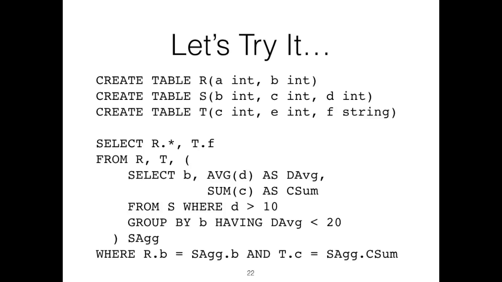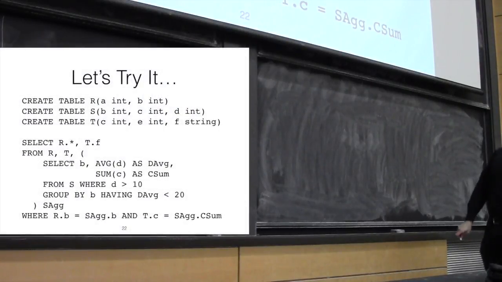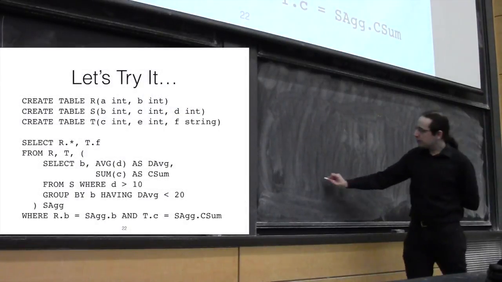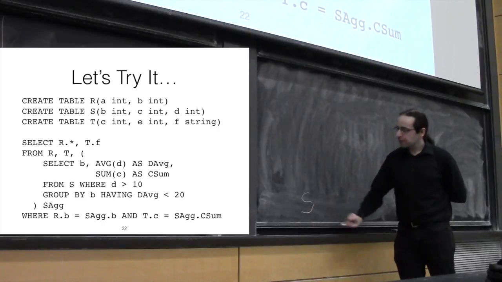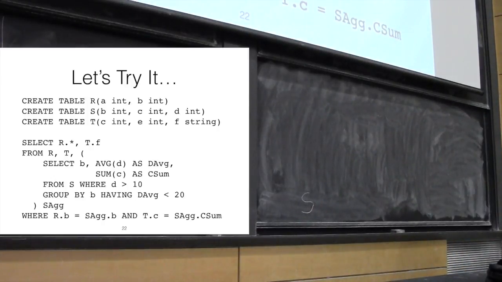Start with S, get the source. Okay. So let's go down into this lowest nested query and let's look at the from clause. So what comes after the from clause? D greater than 10.